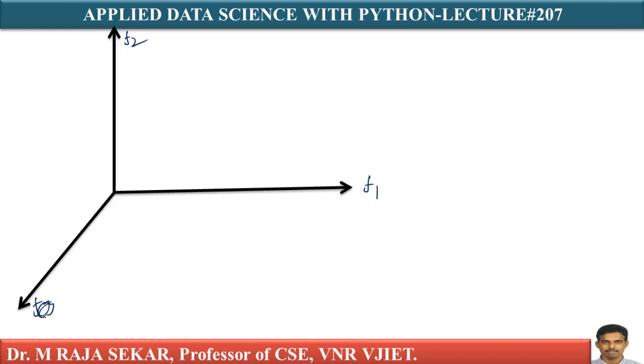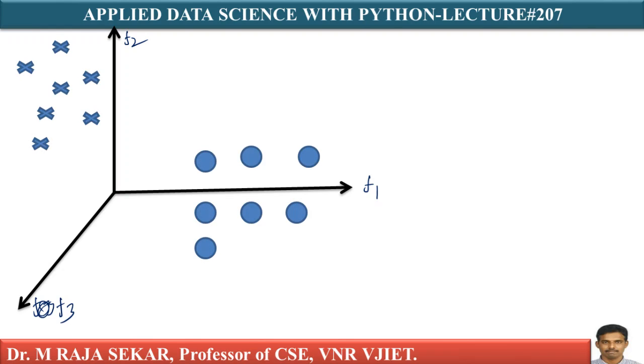I have 3 features, and let me assume your points are like this in 3 dimensions. Now what do I have to do?